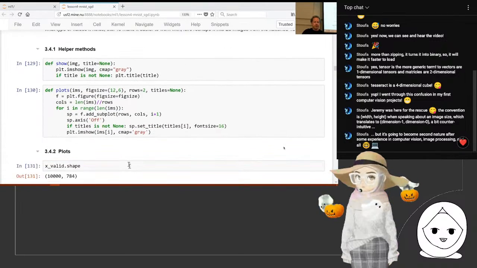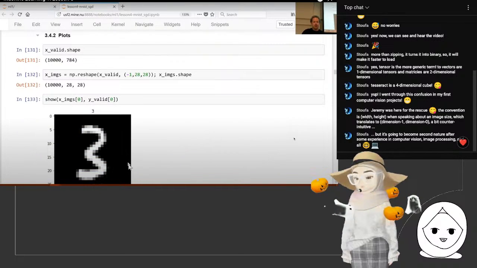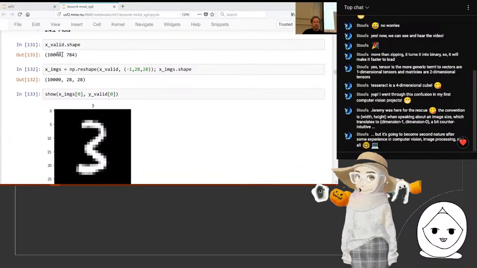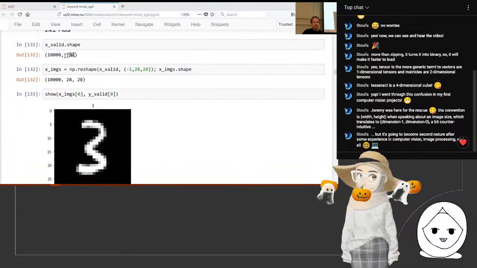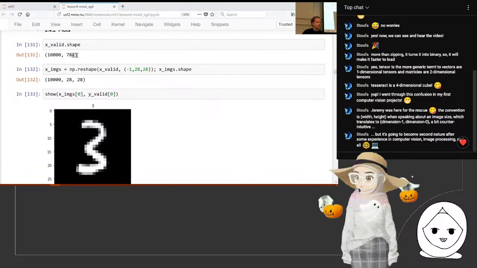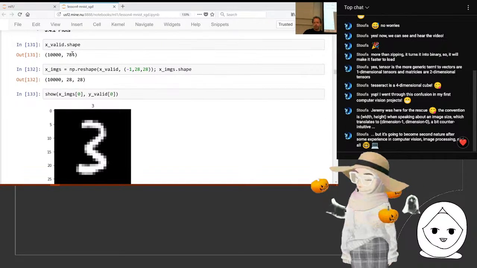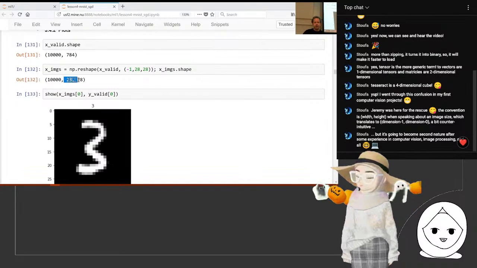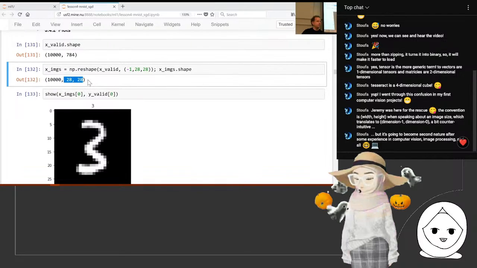Okay. All right, so let's take a look at some of this data. We've got 10,000 images in the validation set, and each one is a rank 1 tensor of length 784. In order to display it, I want to turn it into a rank 2 tensor of 28 by 28.